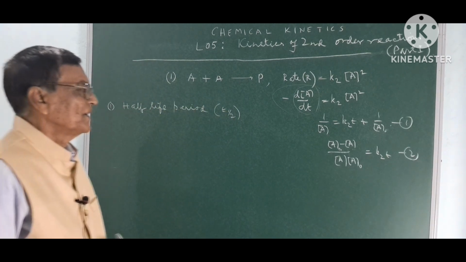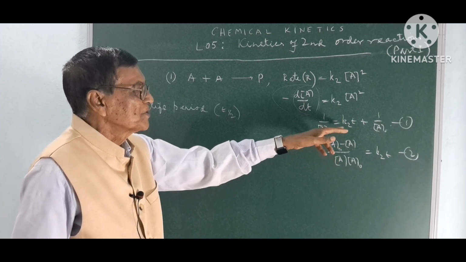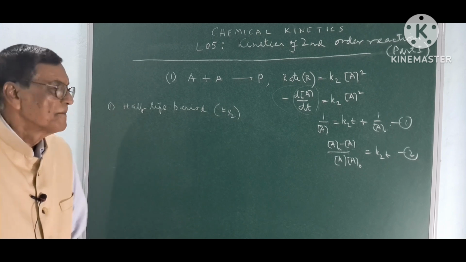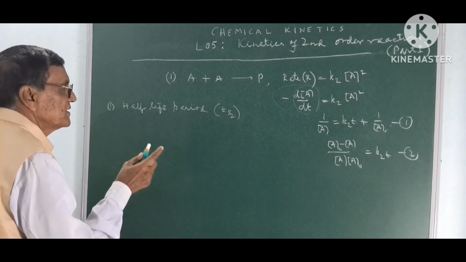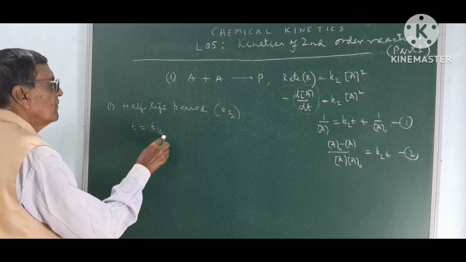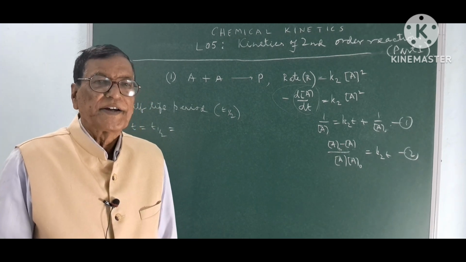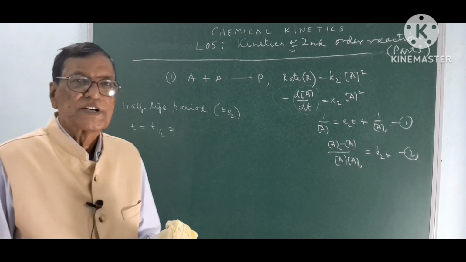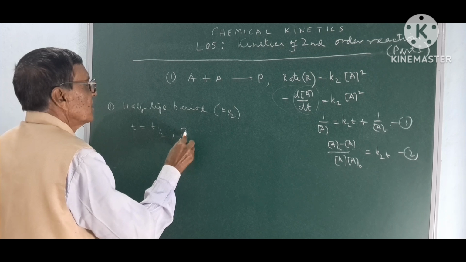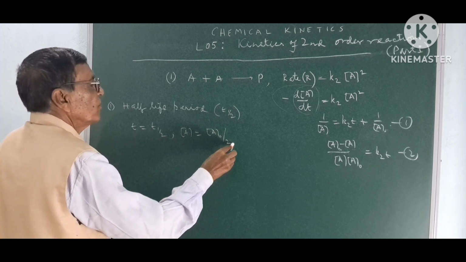So T half you can easily find out either from equation 1 or from equation 2, whichever you think best. From equation 1, when T equal to T half, it means the reactant is half decomposed, and at that time concentration of A equals the initial concentration by 2.